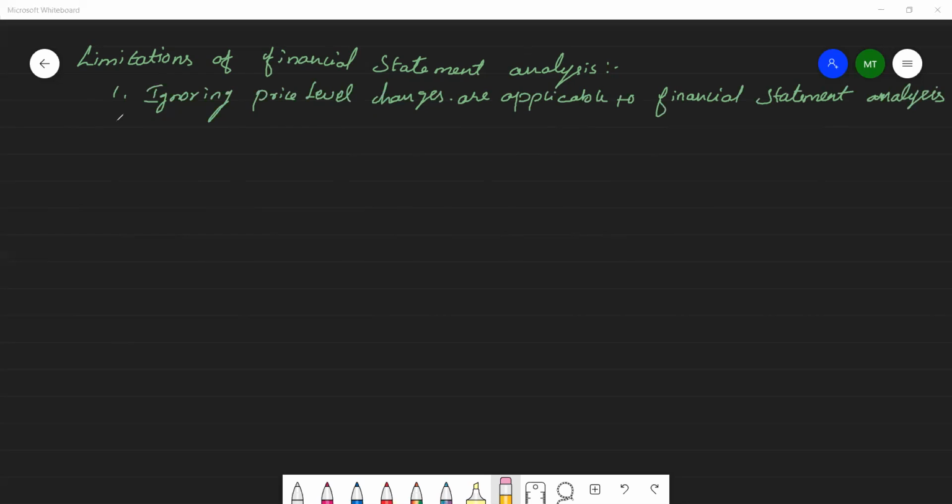The second limitation is that financial statement analysis is only a means and not an end. It is only a tool in the hands of management and other shareholders.